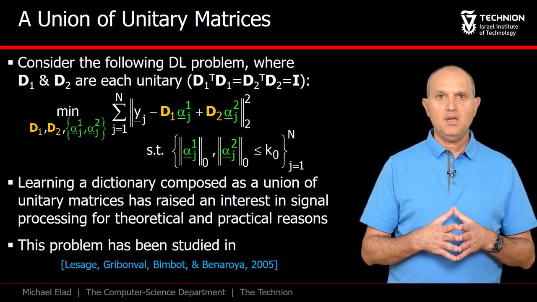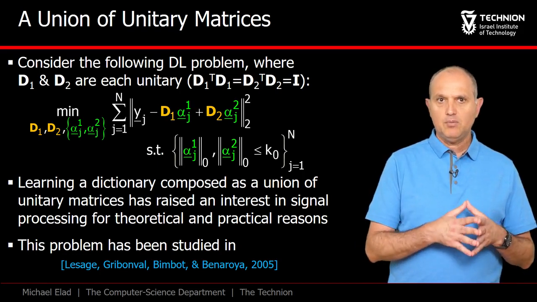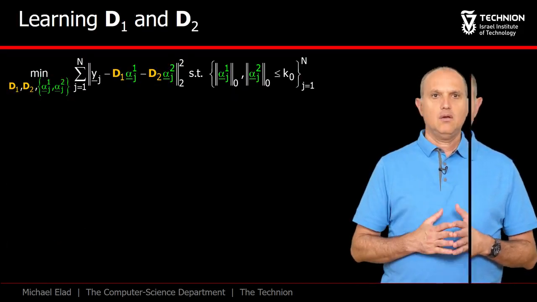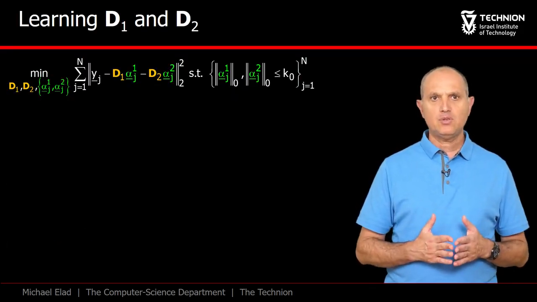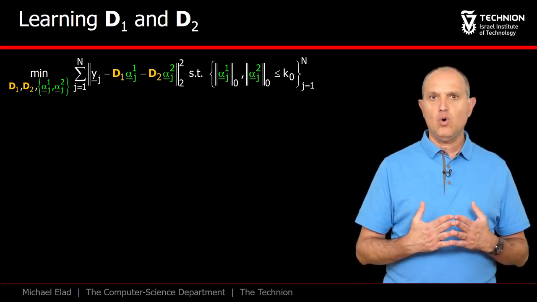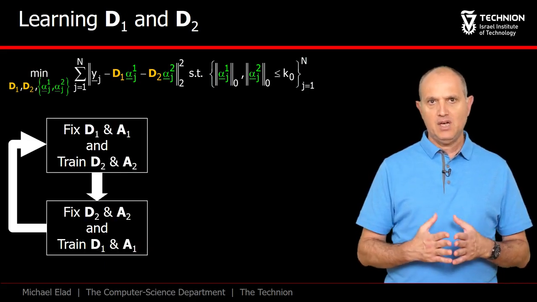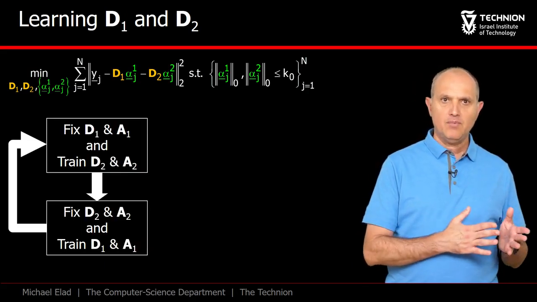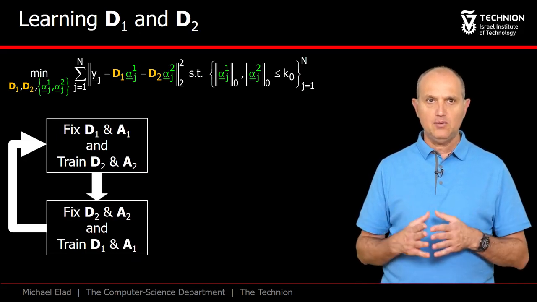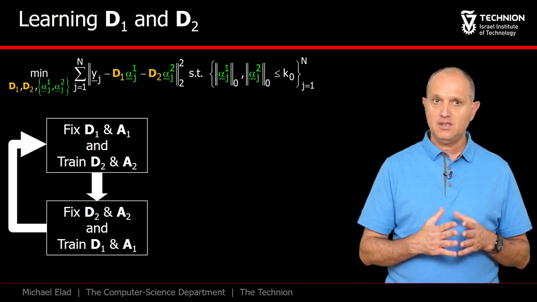Our interest will be in the training problem we have just defined, as explored by Gribonval and his students. The above-mentioned paper proposed a most natural way to train D1 and D2, in which we freeze one and train the second and iterate this way. More specifically, when we freeze D1 and A1 and aim to update D2 and A2, we obtain the problem we have just studied, so we can invoke the algorithm presented.